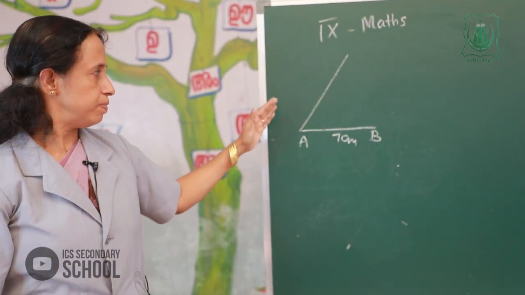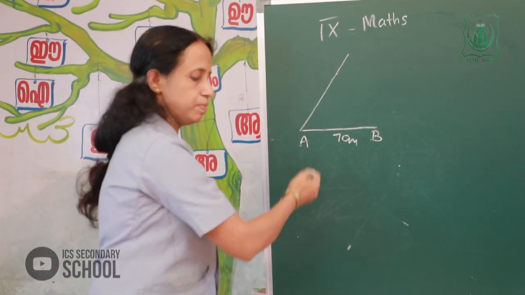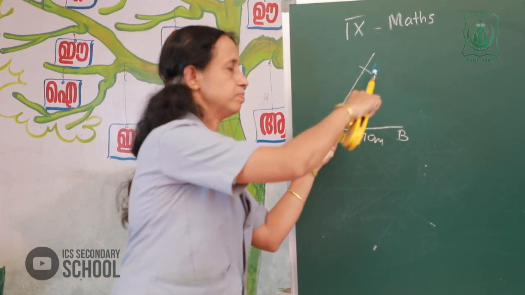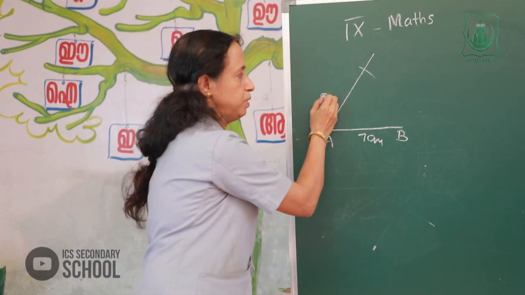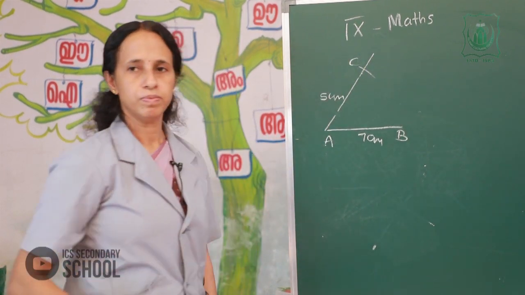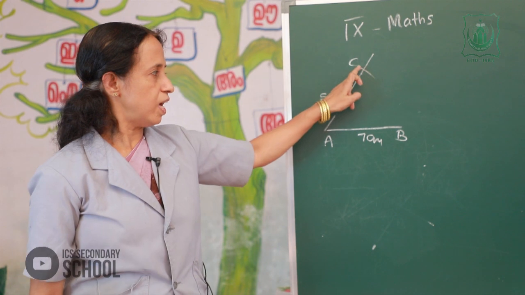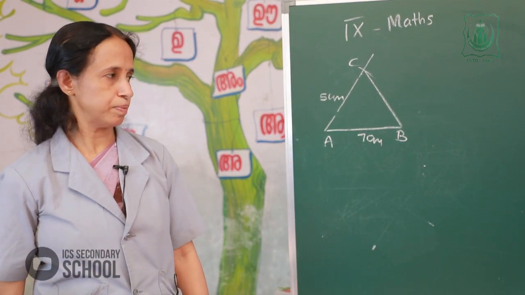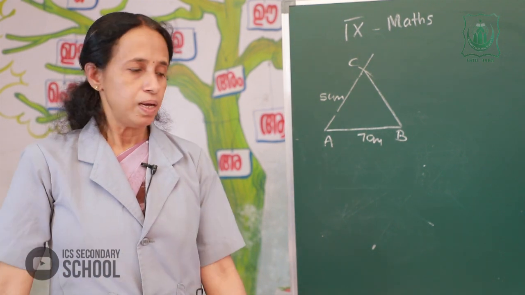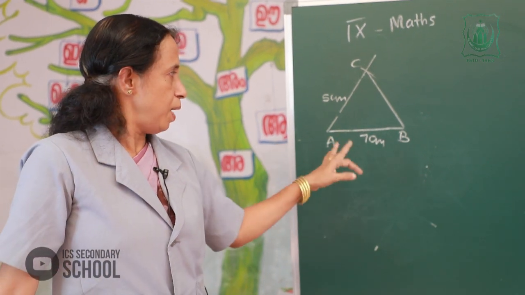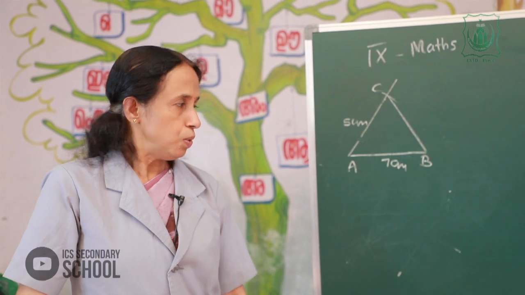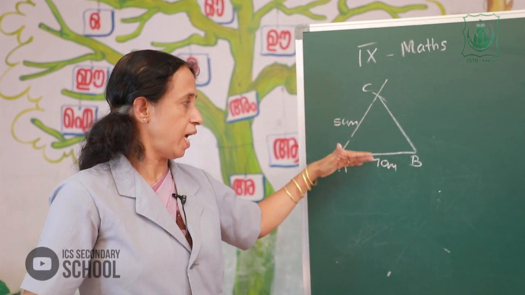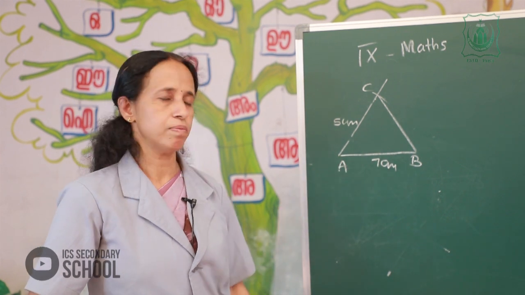This side 5 centimeter, C. Connect C to B. Triangle ABC. Draw triangle ABP, BCQ and CAR of the same area.